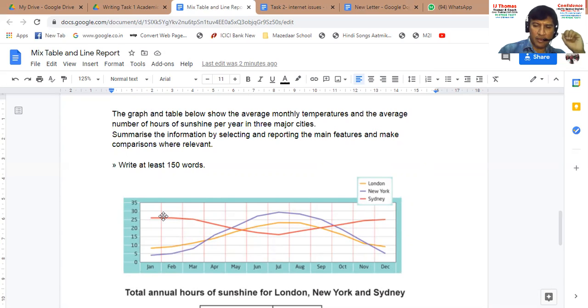बोलो क्या डिपिक्ट करता है? Depicts the monthly temperature, average temperature used in the following cities, main three cities: London, New York, and Sydney.